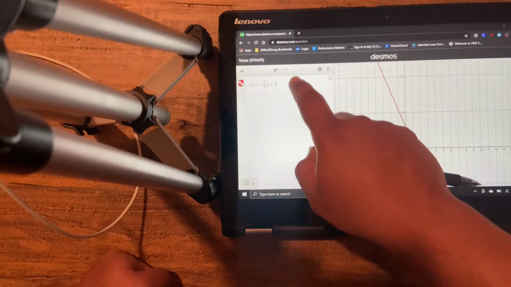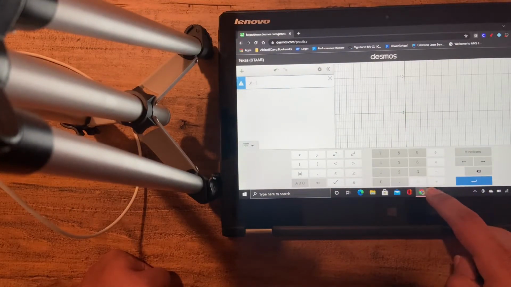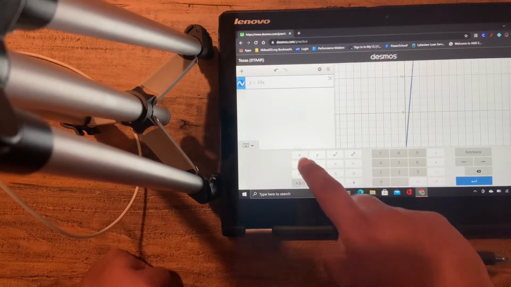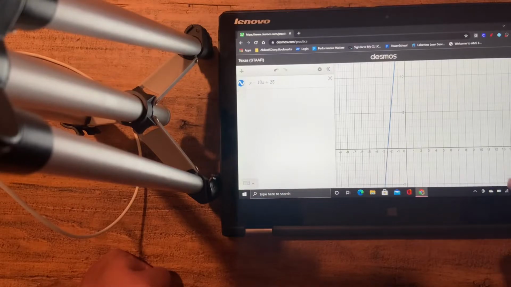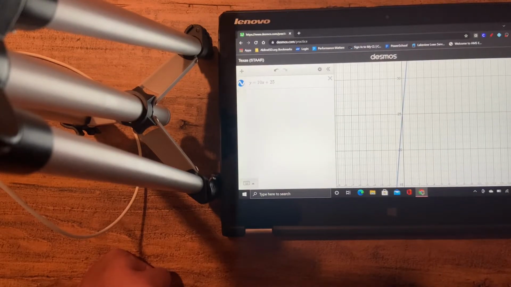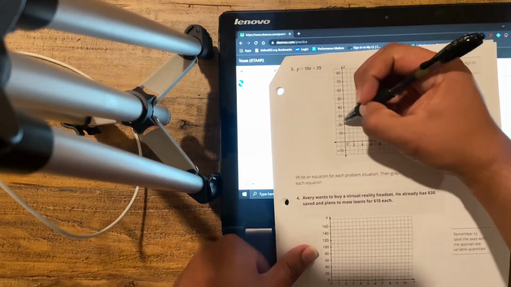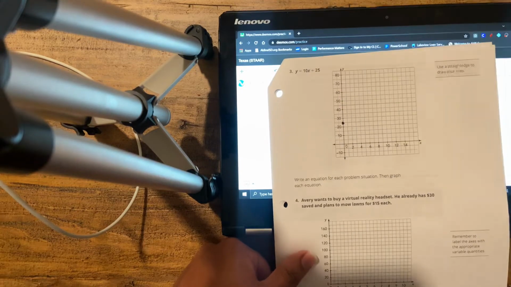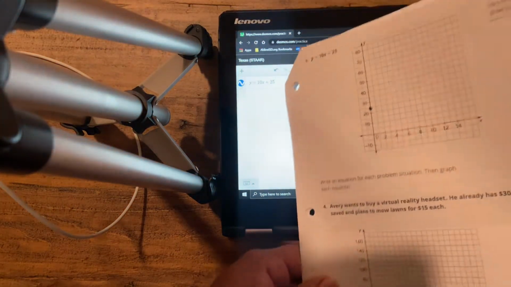We can type in the same thing: y equals 10x plus 25. Crossing at 25. This is the harder problem, of course. These problems are all pretty difficult when you're trying to look at the graph and put it here.